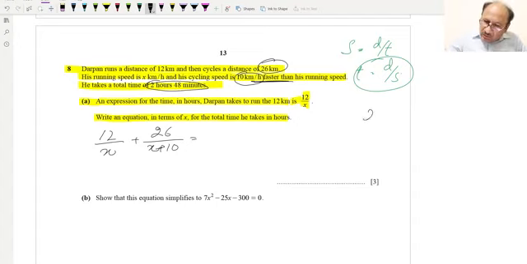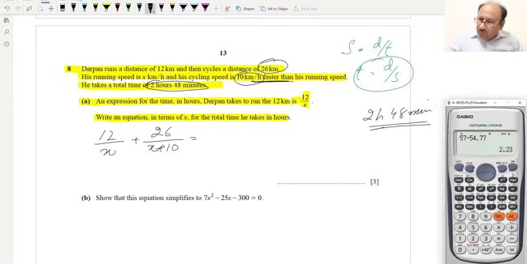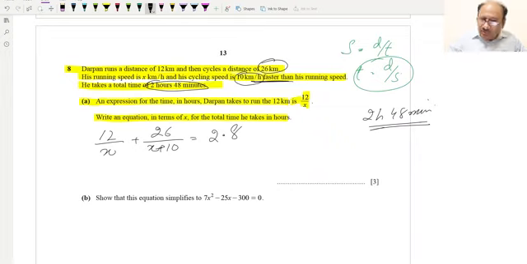Now 2 hours and 48 minutes: how easily can you convert it into a decimal? You can just use your calculator. Type 2 hours and 48 minutes, press equal to, and then press the decimal button. This will be 2.8.